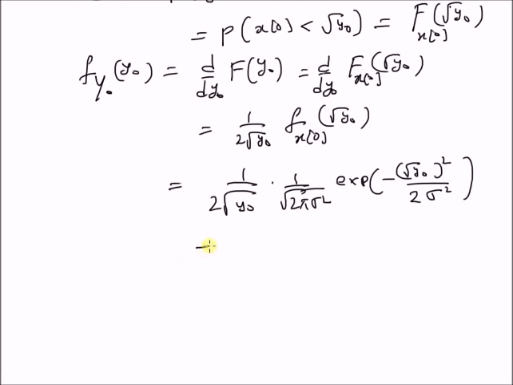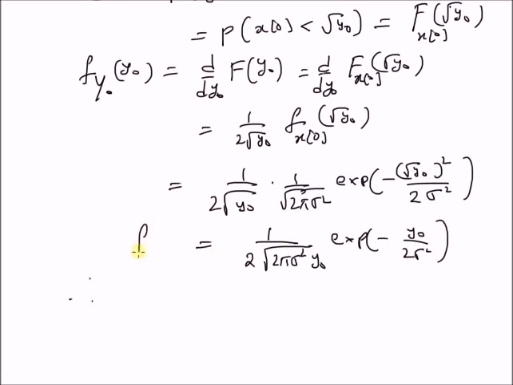Upon simplification, this is equal to 1 by 2 times square root of 2 pi sigma square y0 multiplied by exponential of minus y0 by 2 sigma squared. Therefore, this is the probability density function of y0.